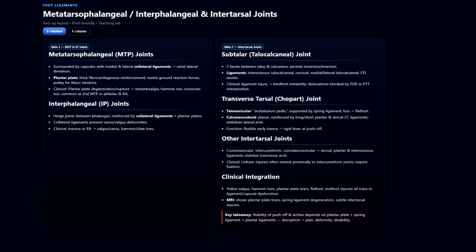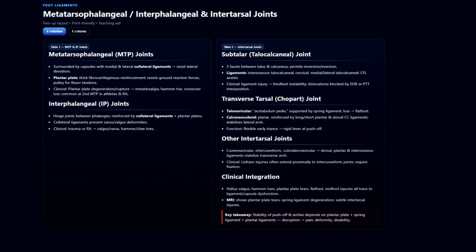Calcaneocuboid joint. The calcaneocuboid joint contrasts with the talonavicular joint. Its surfaces are relatively flat, reinforced by a series of strong plantar ligaments: the long plantar ligament, the short plantar ligament, also called the plantar calcaneocuboid ligament, and the dorsal calcaneocuboid ligament.